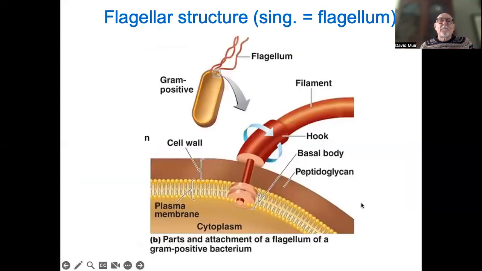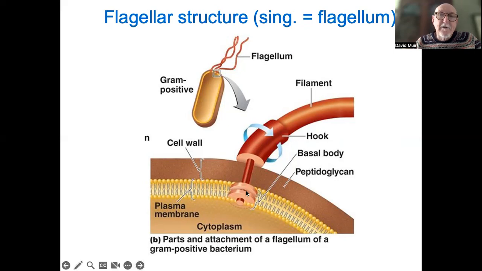I'm not going to go into a huge amount of detail about how they work, but just to show you, I told you originally that the flagellum is itself quite rigid, and it forms a corkscrew shape which spins in space. And this is how it is spun. It actually has a little motor. Here it is, embedded into the cell wall and into the cell membrane.